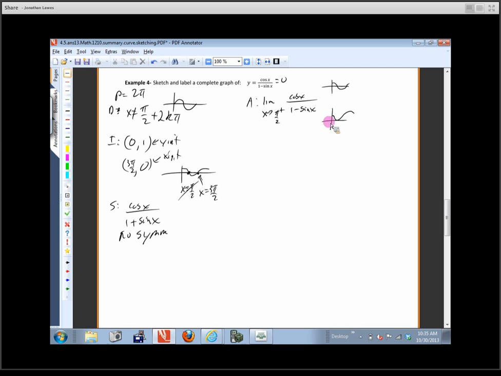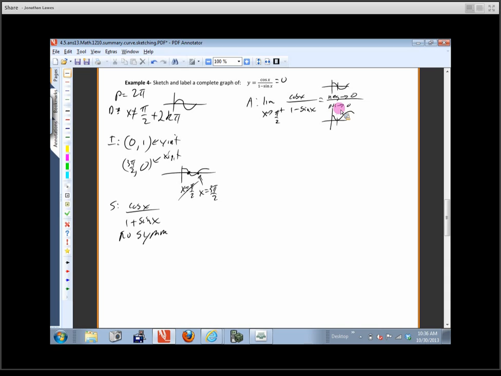That's what 1 minus sine looks like. And we're interested in right here. As we approach pi halves from the positive side, from the right side, these are approaching 0, but they're negative. These are approaching 0, but they're positive.